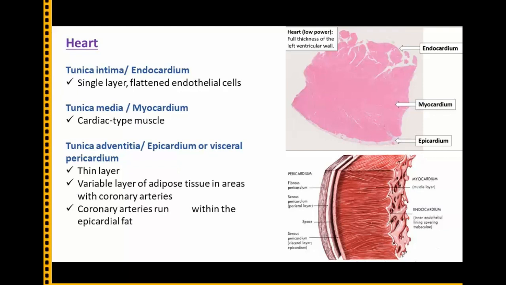So this slide shows a full thickness histology slide of the left ventricle wall. Here the endocardium is this side and the epicardium is this side. In the heart, the myocardium is the thickest part and it is comprised of cardiac type muscle cells.